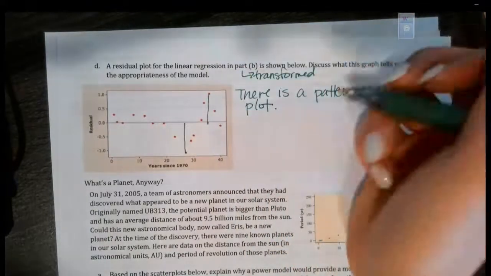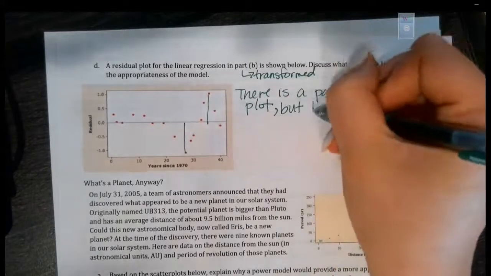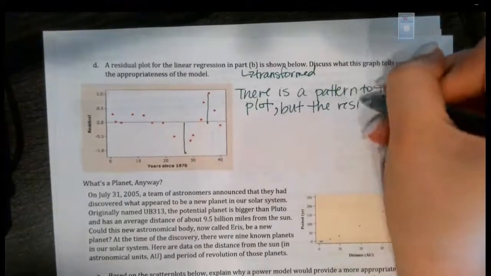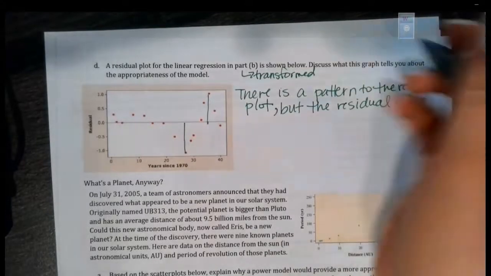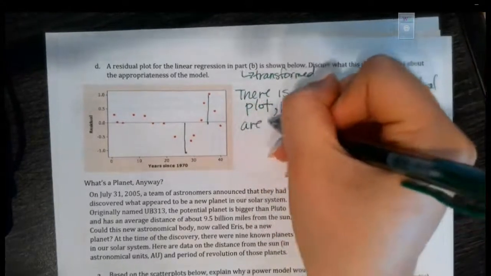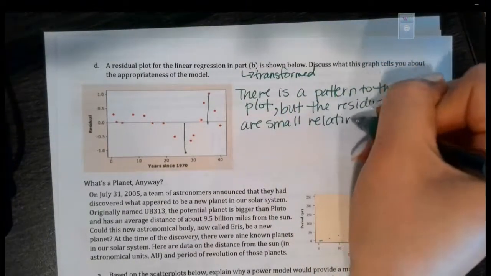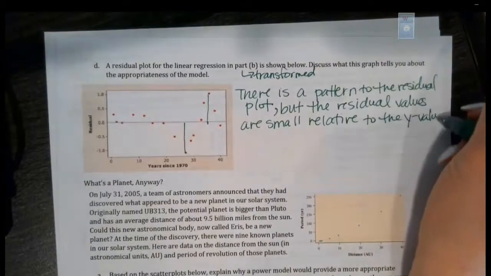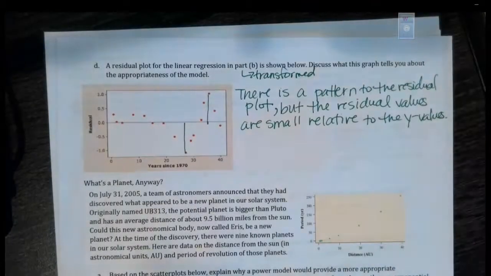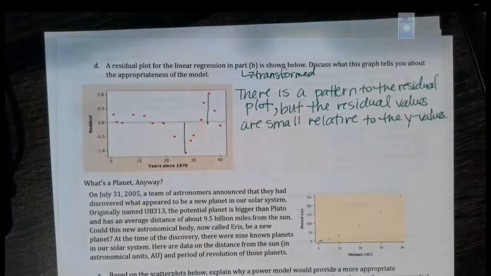But we can say that the residual values are small relative to the y values. Because if we're talking about billions, then having it off by 1 is really not that far off, even if you see a pattern.